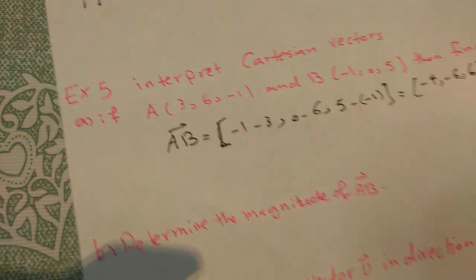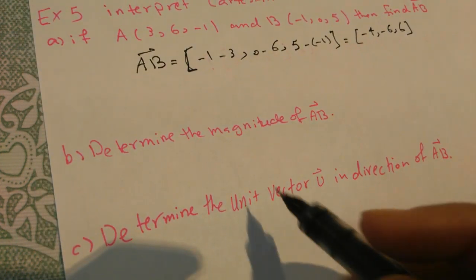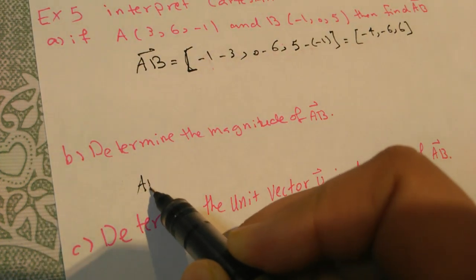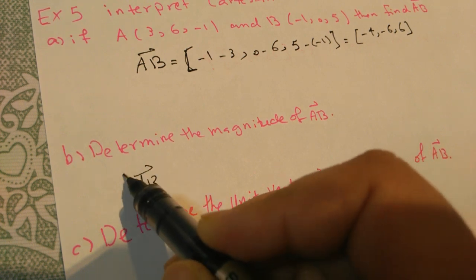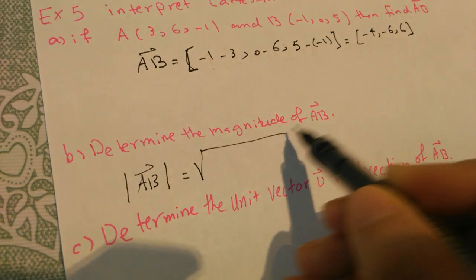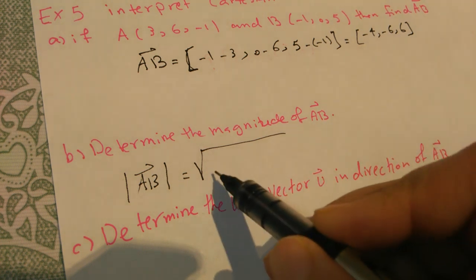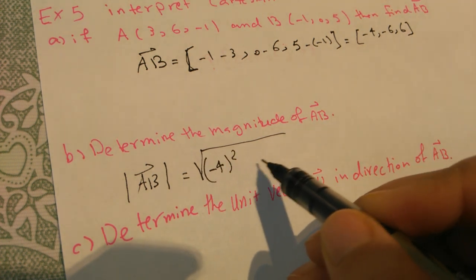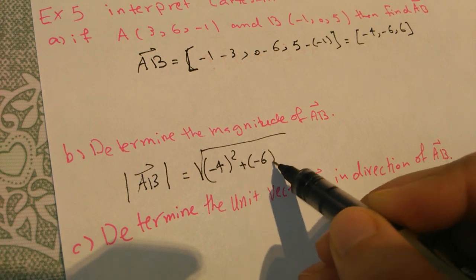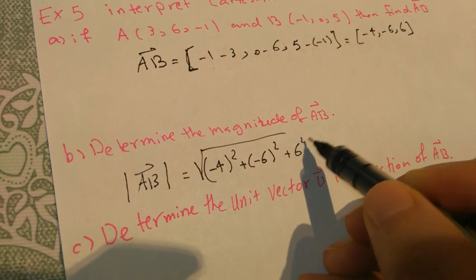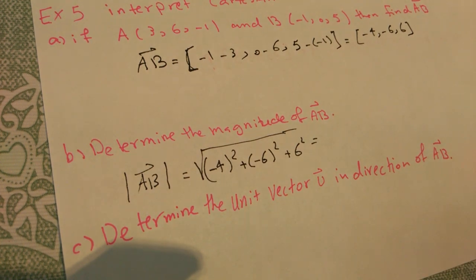Determine the magnitude of AB. So the magnitude of AB, of course, is the x component to the power 2, and we have the x, y, and z components here, right? Negative 4 to the power 2 plus negative 6 to the power 2 plus 6 to the power 2. Let me just calculate this one.